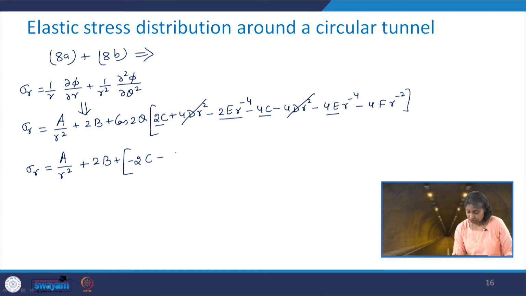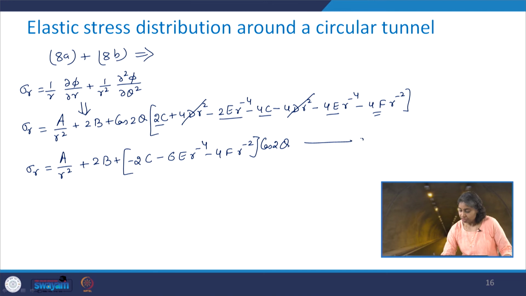So this is going to be equal to minus 6e r to the power minus 4, and the remaining one will be this term, that is minus 4f r to the power minus 2, that is cos of 2 theta. Now make it equation number 9a.